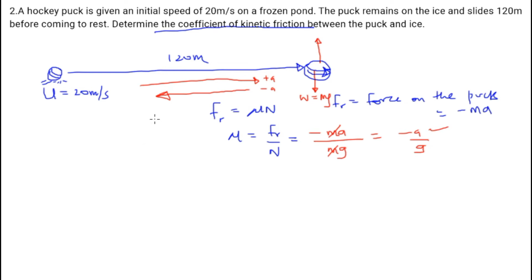To find the acceleration of the object, we may make use of the equations of motion, which is v squared equals u squared plus 2as, where v is the final velocity, u is the initial velocity, a is the acceleration of the object, and s is the distance traveled. v is equal to 0 because the object came to rest. It starts with an initial velocity of 20 meters per second and comes to rest, which means the object stops, and by stopping, its final velocity is equal to 0.